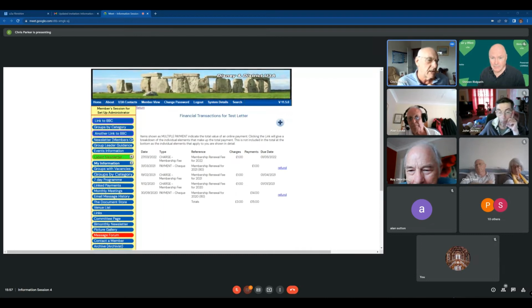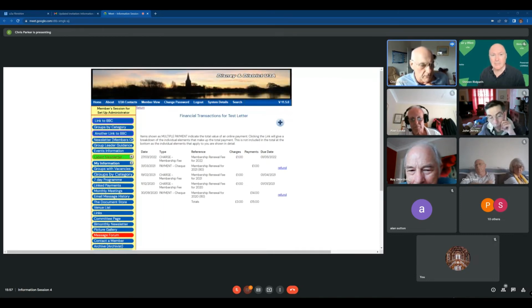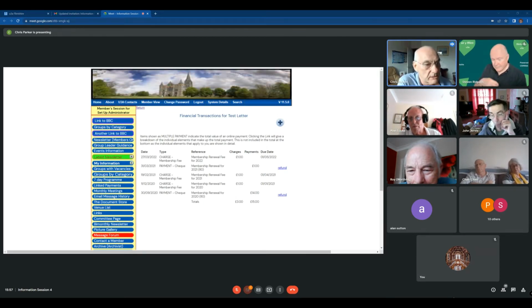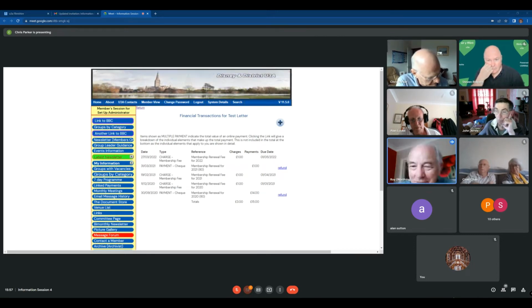Yes, exactly. If you switch it on to allow people to click on the left-hand menu to make their payment, that menu item won't appear if you're in credit. Oh, thank you for that. That's very helpful. Thank you, Alan.